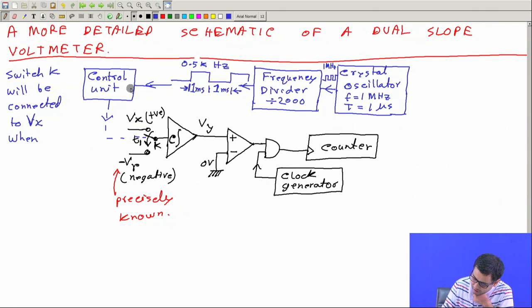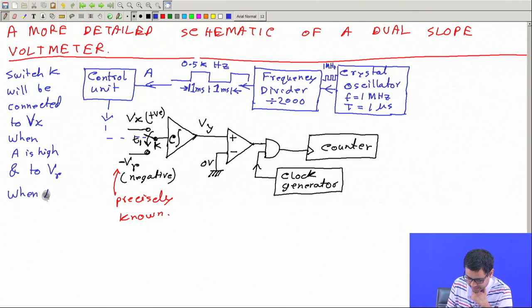Call this signal A. When A is high it is connected to Vx, and it is connected to Vr when A is low.